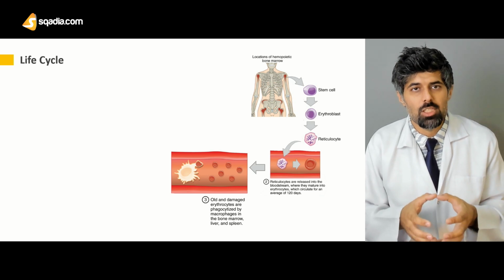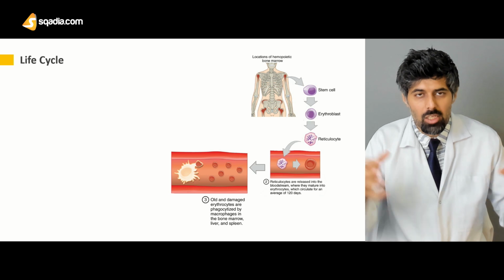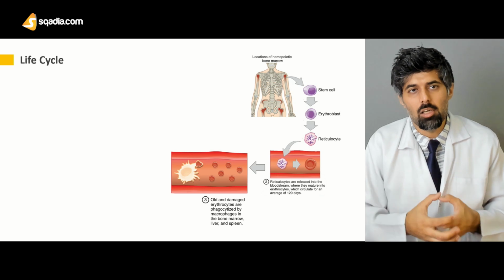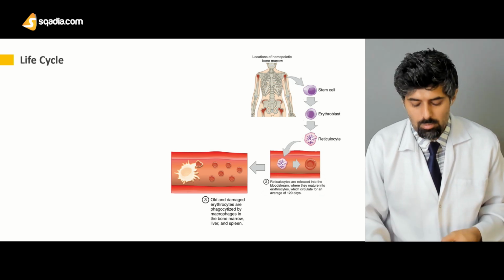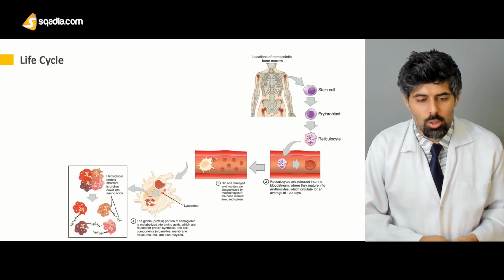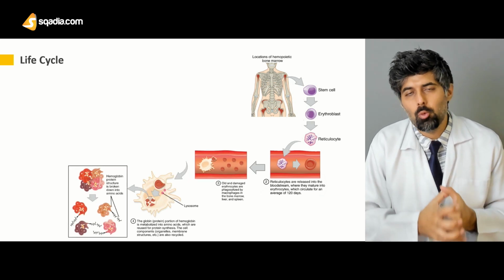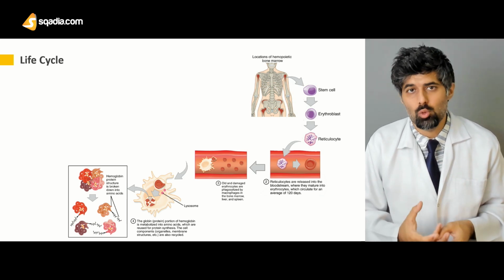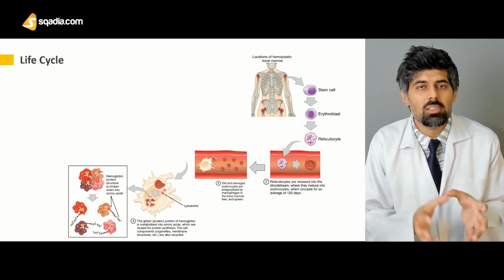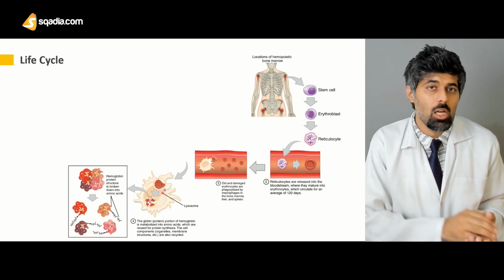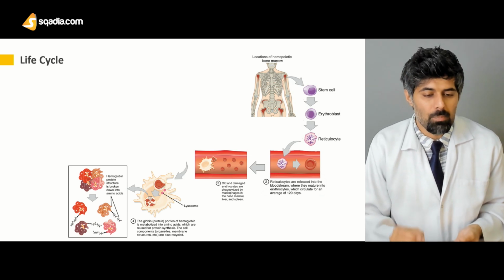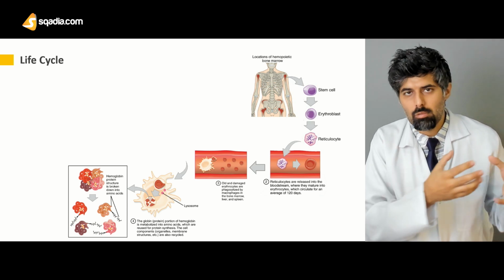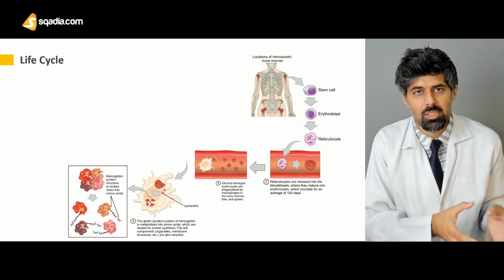These macrophages try to engulf the damaged, shrunken RBCs, and once they are engulfed, they are broken down via an organelle known as the lysosome. Lysosomes contain lysosomal enzymes which are mostly proteolytic in nature, and because of this, the hemoglobin is released from the damaged and old RBCs.